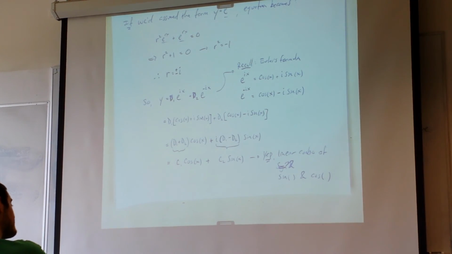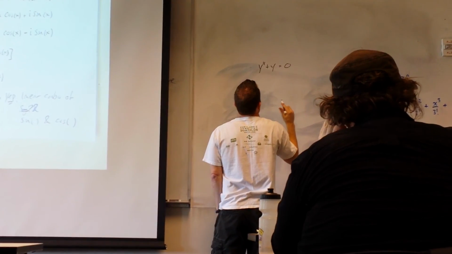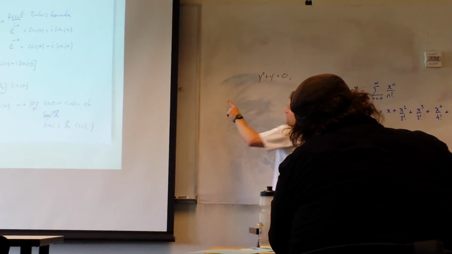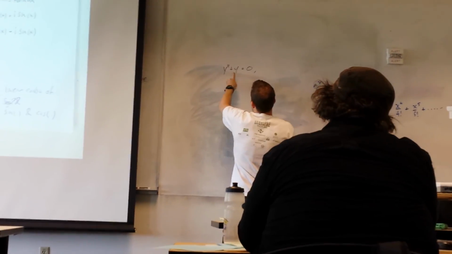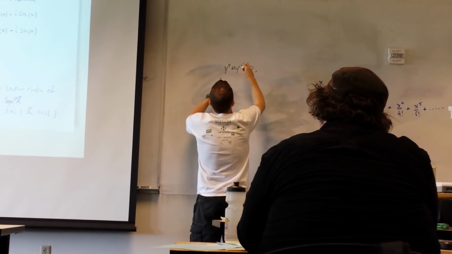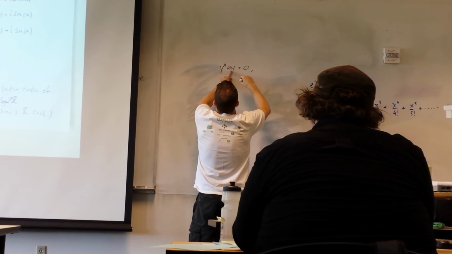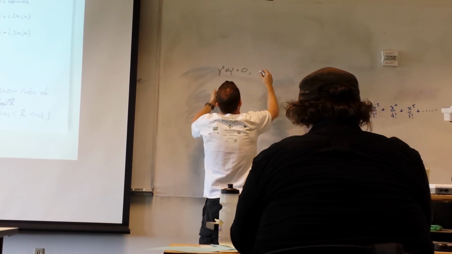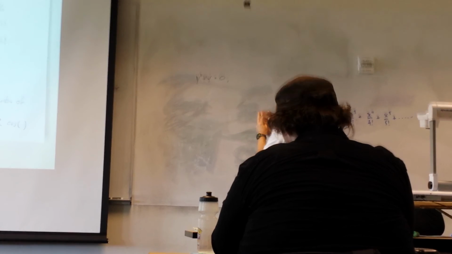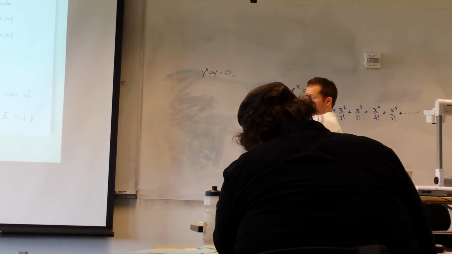Okay, so we got y double prime plus y equals 0. That's the original one, right? Say we have initial conditions. The existence and uniqueness theorem says that, and by the way, these are constant coefficients, my p of x, q of x. In fact, there is no y prime, but that's continuous. Those are continuous coefficient functions, p of x and q of x, because they're constants.